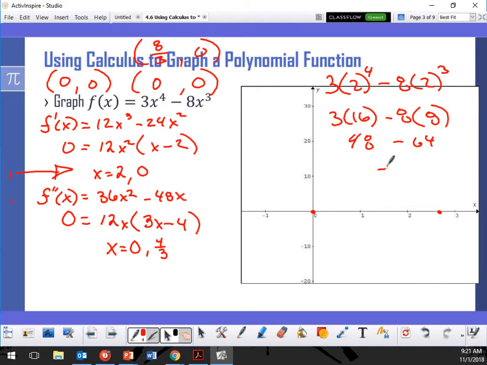So negative what? Negative 16? Something like that? Yes? Okay, so I get negative 16. So here I have a critical point at 2 comma negative 16.